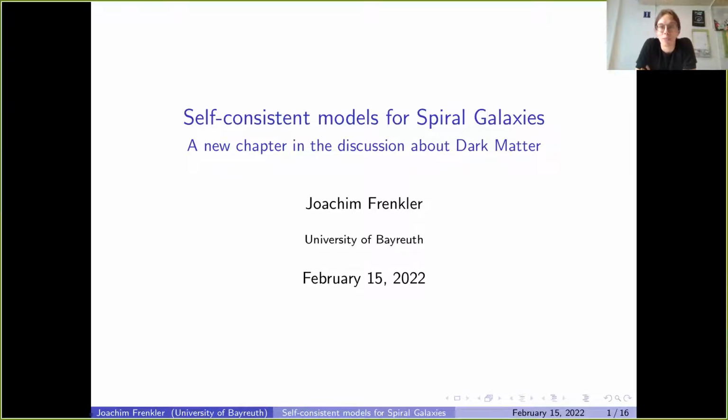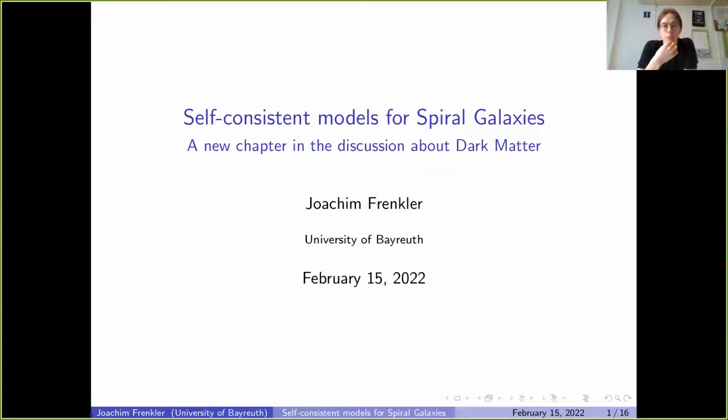Spiral galaxies. These are beautiful objects, and we are living ourselves right in the thick of one. And these galaxies still ask us many riddles. And in my talk, I can give some of them new answers. And the key are dynamical models for these galaxies, which are self-consistent.